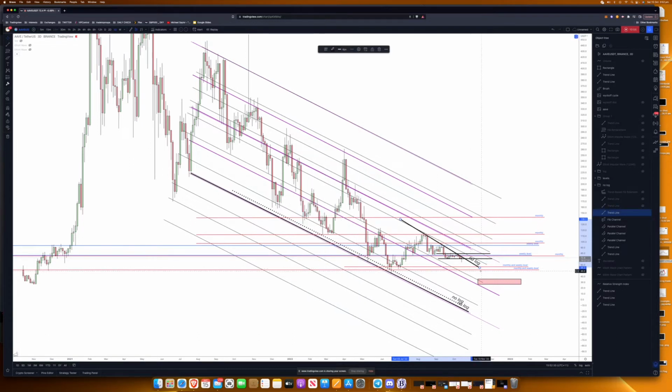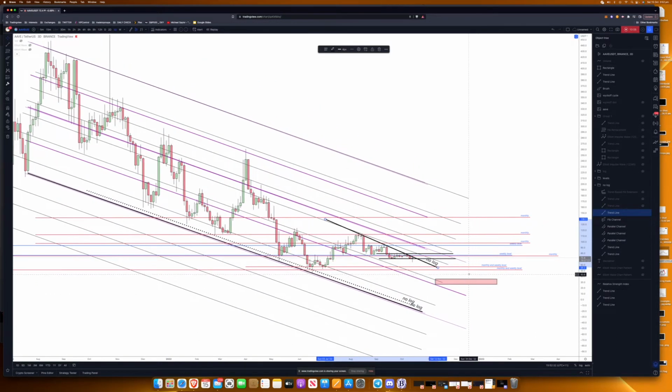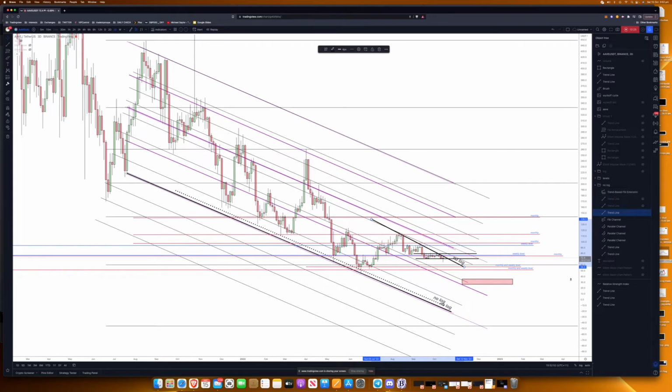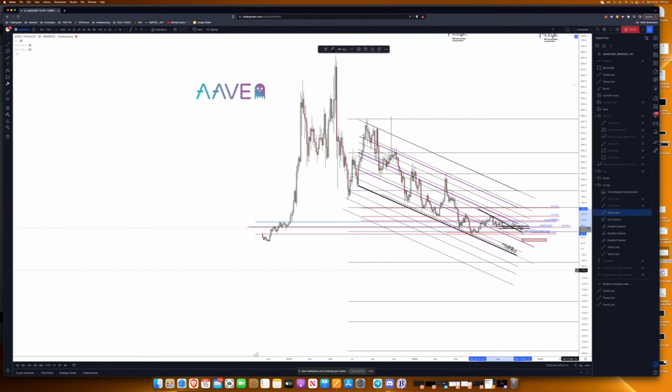So we have that 3-day resistance line. We'll just keep it there and we'll see how we go. And then we've added that weekly level. I'm doubling up on this one. That's another weekly level. And now what we have is this fib extension.